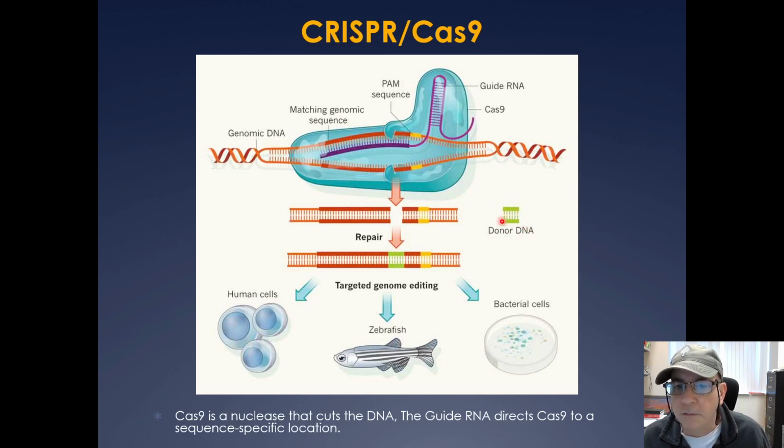However, the goal of this system is to be able to introduce a good copy of DNA that can be repaired by homologous recombination, and then that can be used for gene therapy. So CRISPR-Cas9 has been used in a lot of different systems, from human cells to zebrafish to bacterial cells. There's really no limit on the CRISPR-Cas9 system, and so it really offers great promise.